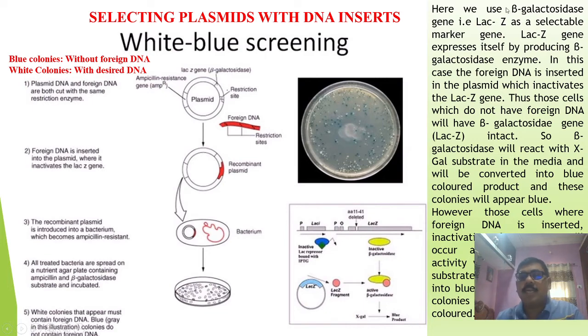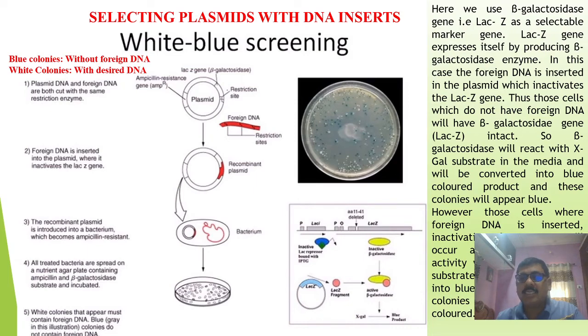Here we use the beta-galactosidase gene, LAC-Z, as a selectable marker gene. The LAC-Z gene expresses itself by producing the enzyme beta-galactosidase. When you add foreign DNA into it, it will not express the beta-galactosidase enzyme.